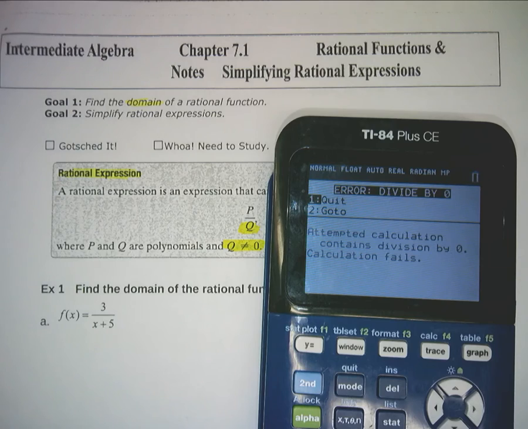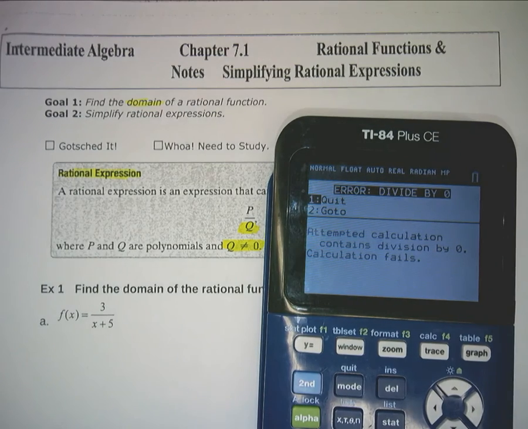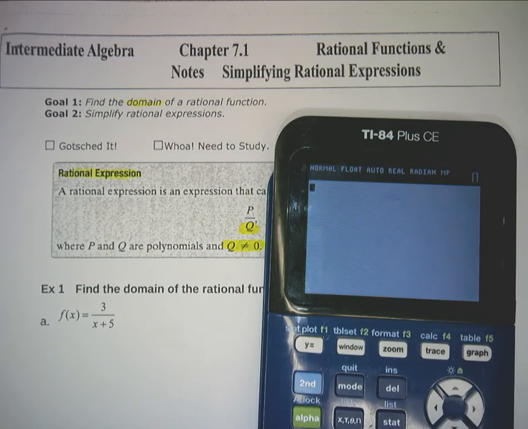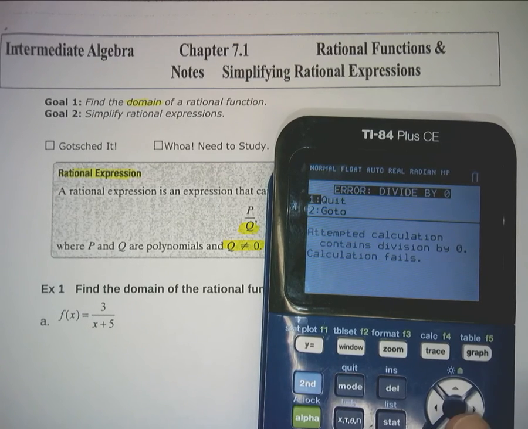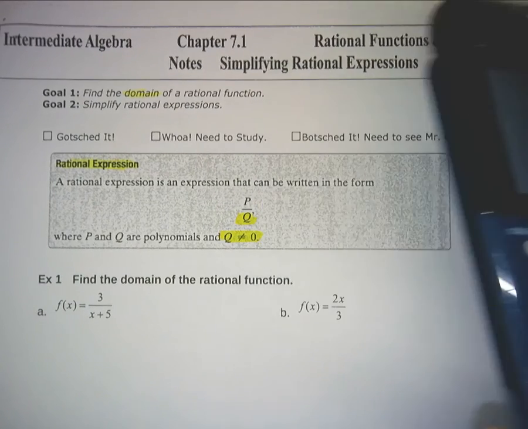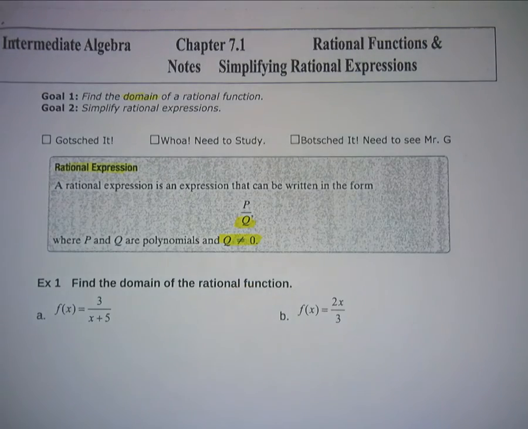I just can't do it. And if you ask Siri what 0 divided by 0 is, it gives you some silly answers, something about Cookie Monster. You can't take any number and divide by 0. Just impossible.